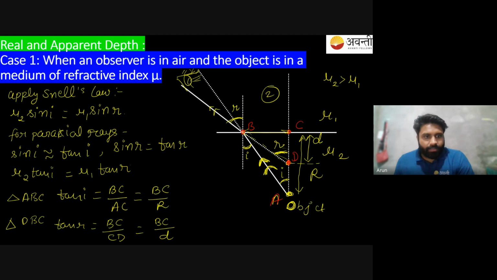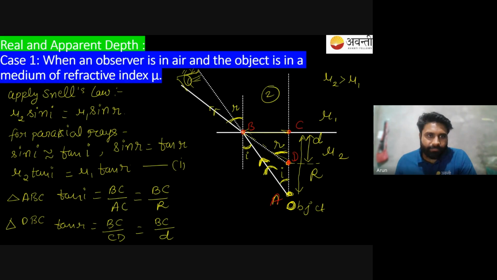Now, okay, so we have this equation, equation number 1, and we have got the values of tan I and tan R. So in triangle ABC, the Snell's law is there, mu2 tan I equals to mu1 tan R, and we have the value of tan I and tan R. So mu2, what is the value of tan I? Tan I is BC over R. Okay. So I'm doing it here for your clarification.